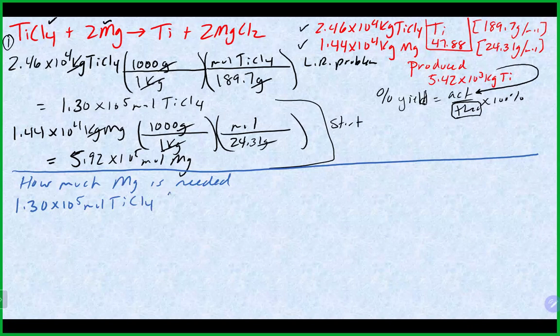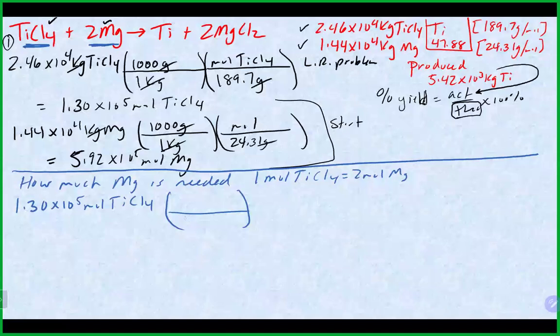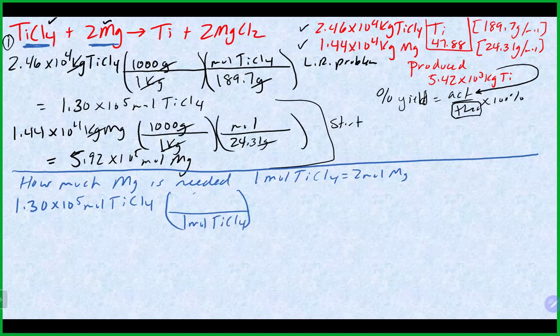I am then going to go to the equation, do my mole-to-mole relationship between the two reactants. And from the equation, I can see for every 1 mole TiCl4, I get 2 moles of magnesium. So I'm going to use that to do this calculation. That means the moles of TiCl4 should go on the bottom, and the 2 moles of magnesium should go up on top.